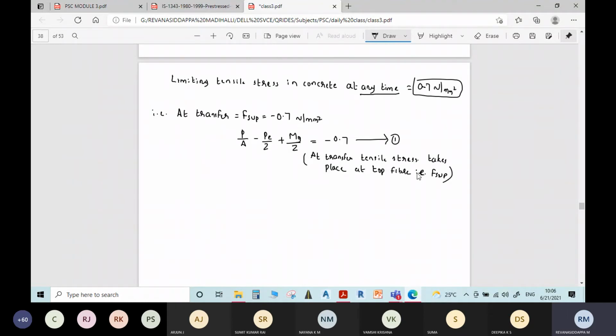Now at transfer we have taken the tensile stress in the concrete as minus 0.7 Newton per mm square. Now what we'll do, we'll consider the second case at service condition.